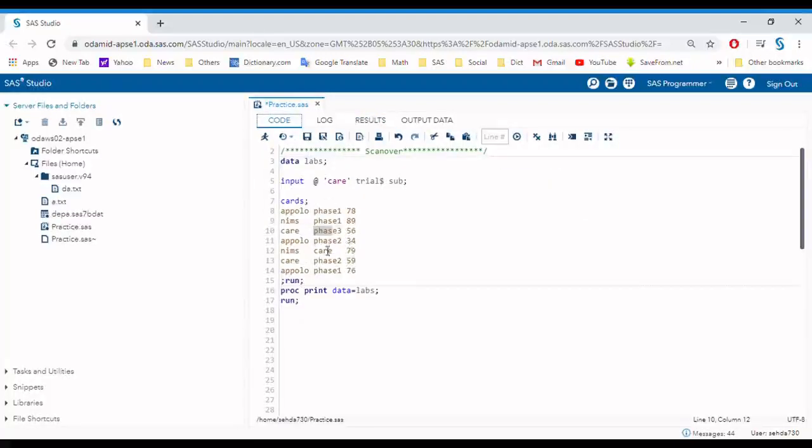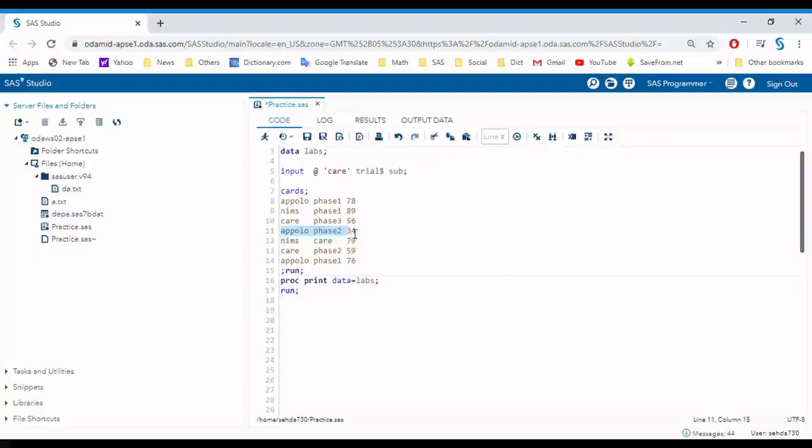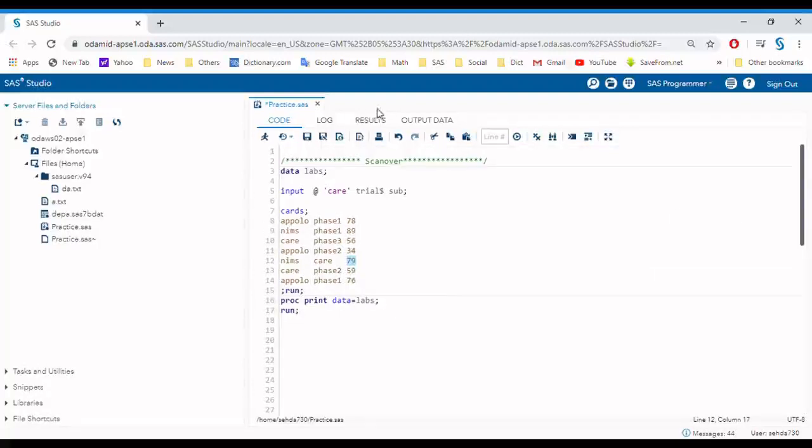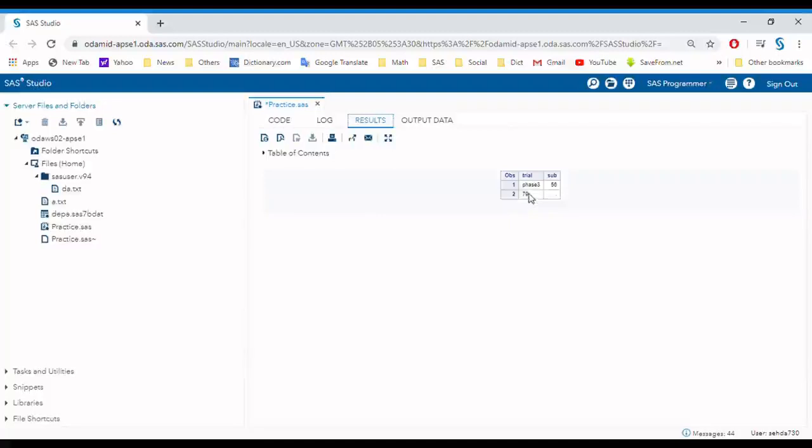Again, in this line, the fourth observation, no care. Again, in the fifth observation, it will get the care. So it will skip this column, and then it will read the 79 over here, under trial, 79.